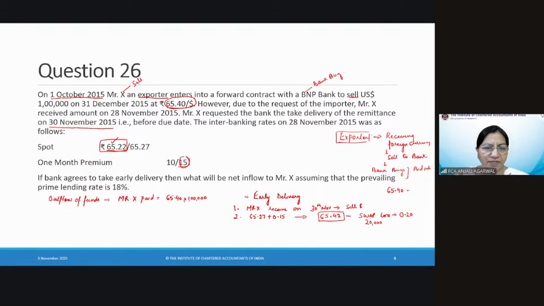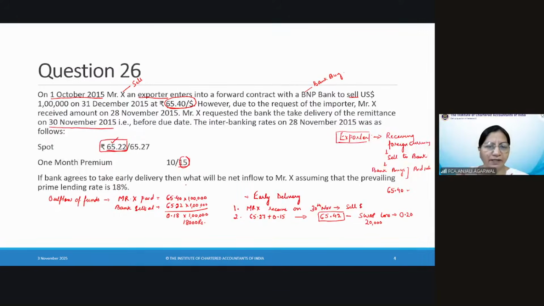And the dollars which Mr. X is now going to be giving to the bank will be able to sell at 65.22. Therefore, 0.18 into 1 lakh. There would be an outflow of 18,000 rupees from the bank's perspective.